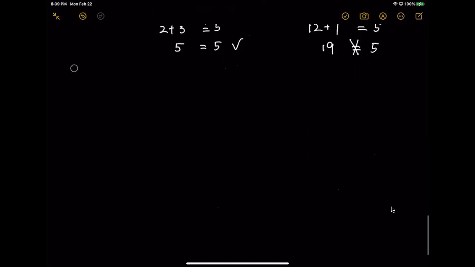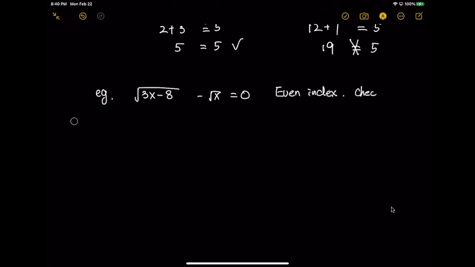Okay, so let's do one problem with two radical terms. Okay, so first of all, what? Even index. Even index, that means we need to check. Okay, what would you do?